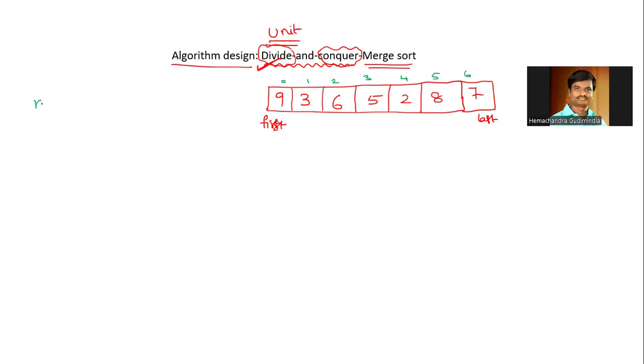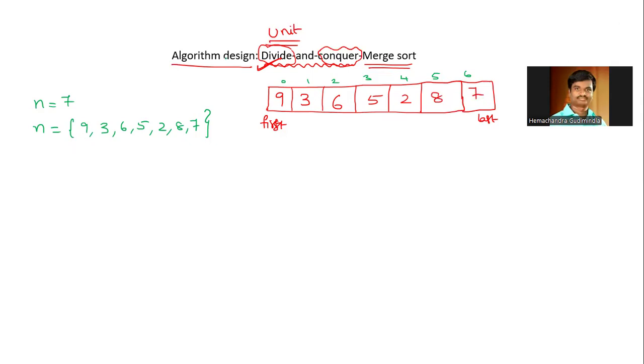So what is the array size? Array size is 7 and array elements are 9, 3, 6, 5, 2, 8, 7. This is before sorting, and your first element is 9 and the last element value is 7.